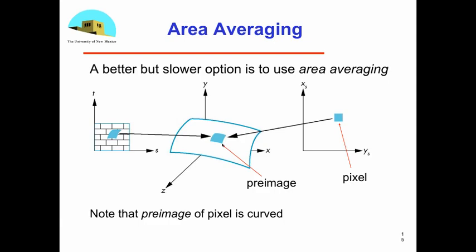Now I could, at least in principle, map that backwards and say, that maps to a little curved area in the texture, and I could now do something like sample this multiple times or integrate over this little area to get a better value for the texture, which I could then go forward back to the object space and then on to a color for the pixel.